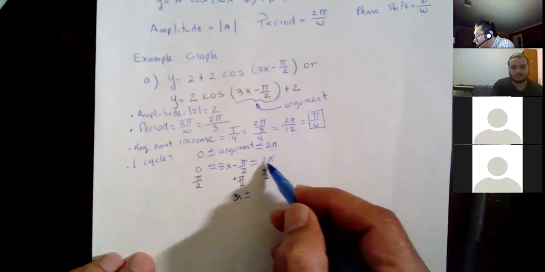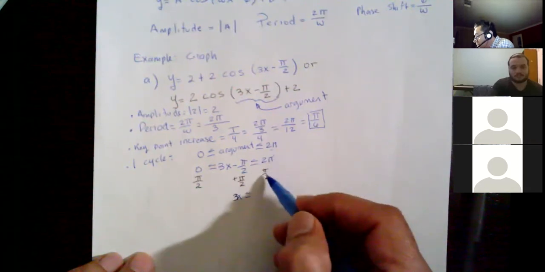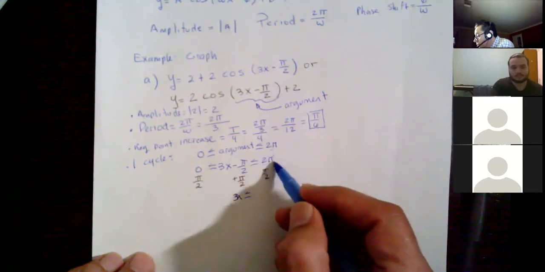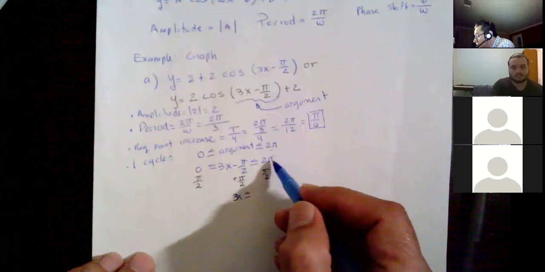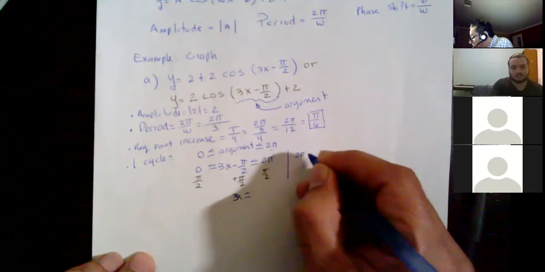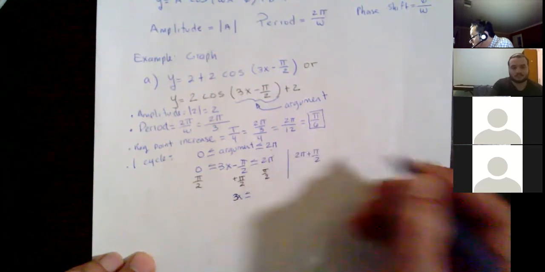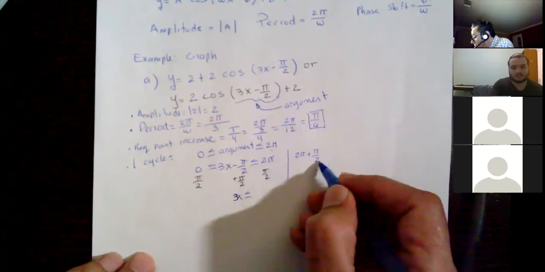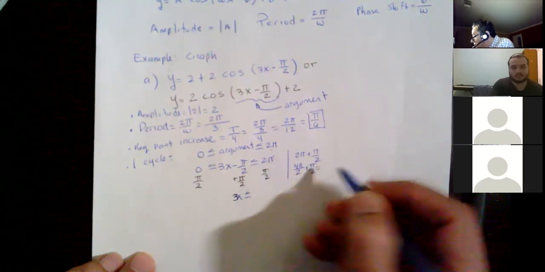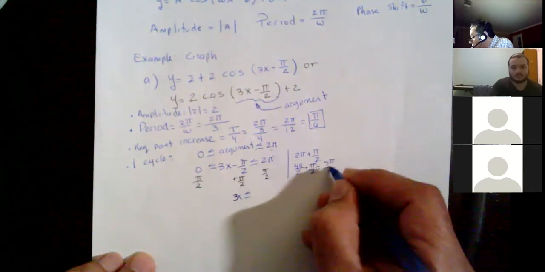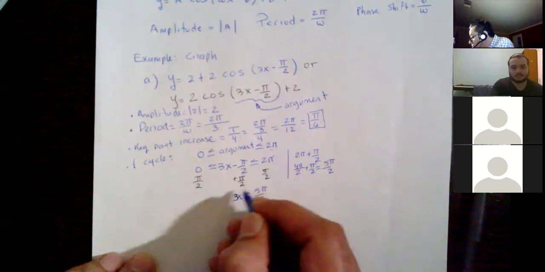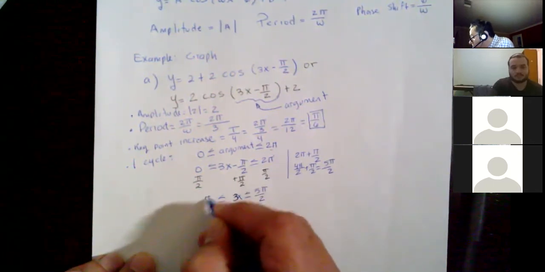Well, rewrite 2 pi with the denominator of 2. 2 pi is the same as 4 pi over 2. So 2 pi plus pi over 2 is 4 pi over 2 plus pi over 2. This is the same as 5 pi over 2, greater or equal to pi over 2.